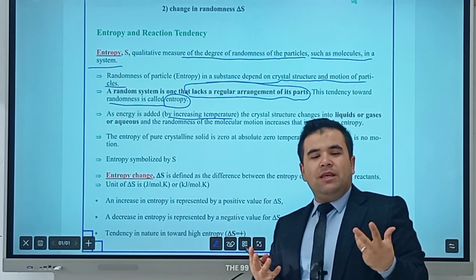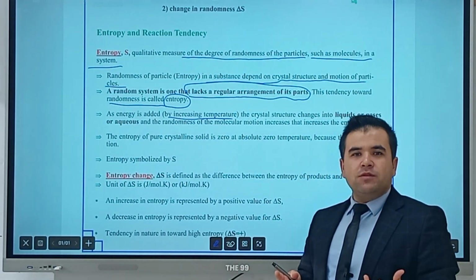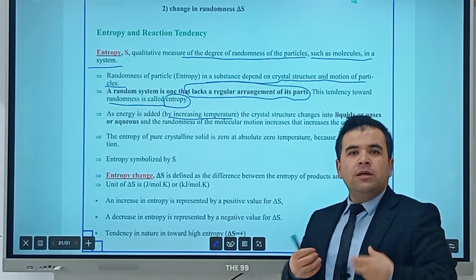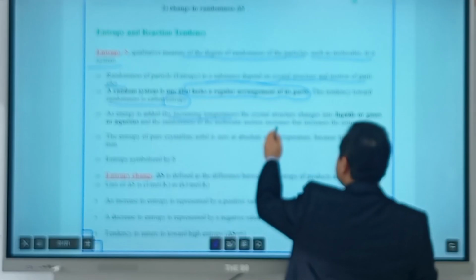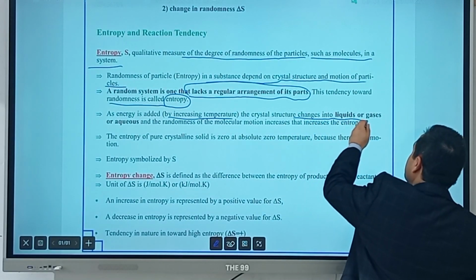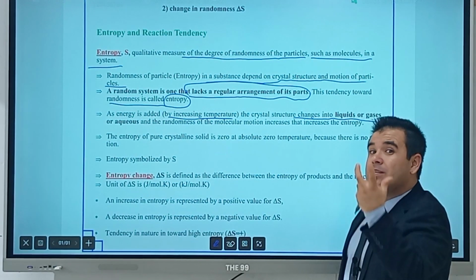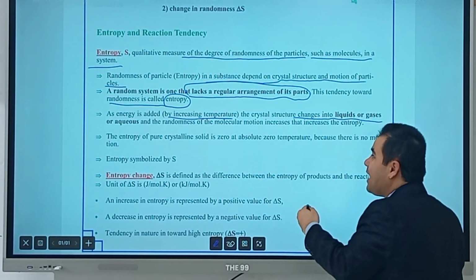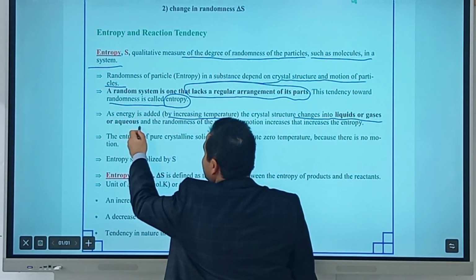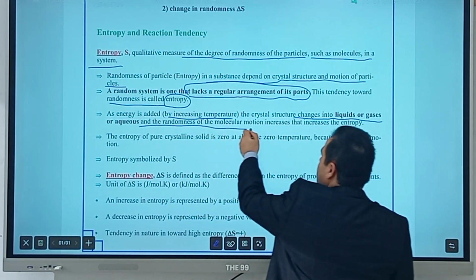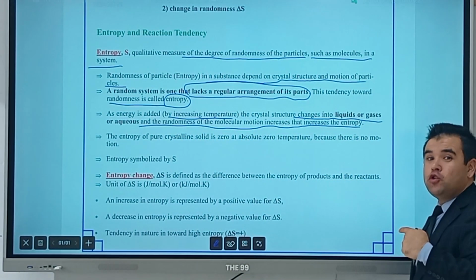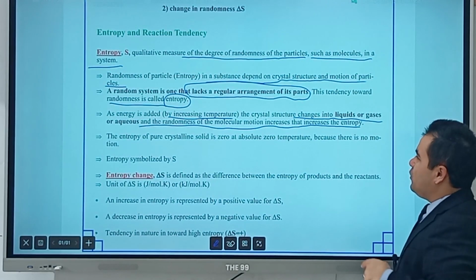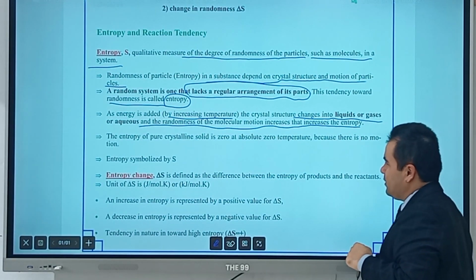As the kinetic energy increases and the temperature increases, that increases the entropy as well. So the crystal structure changes into liquids or gases. The solid crystal changes to liquid and gases, and the randomness of the molecule motion increases, that increases the entropy. As the motion of particles increases, that increases the entropy of the particles.